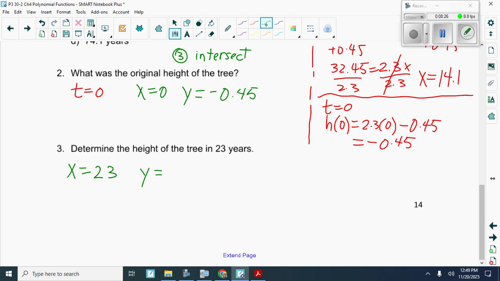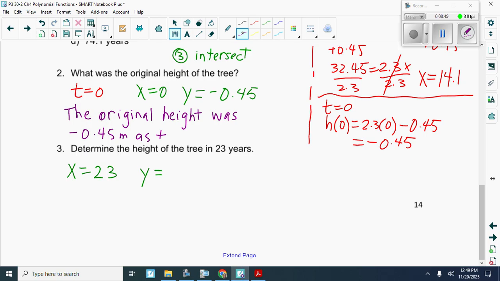Probably 1 decimal place. All right, so the height of our tree, if you're getting, what did I get, 52.45?